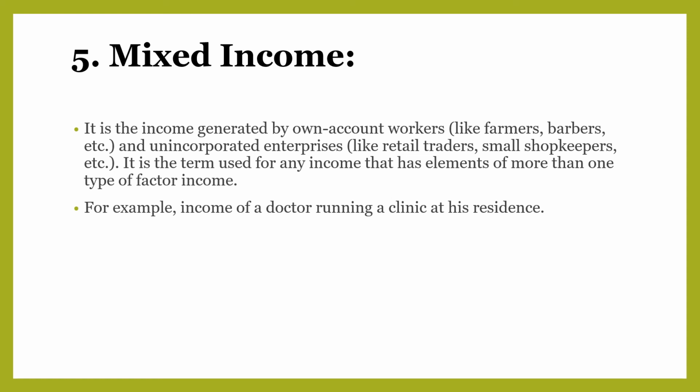It is income generated by own-account workers and unincorporated enterprises. For example, income of a doctor running a clinic at his residence is known as mixed income, which is also a factor income. Income received by a teacher by running his own coaching center is also mixed income.